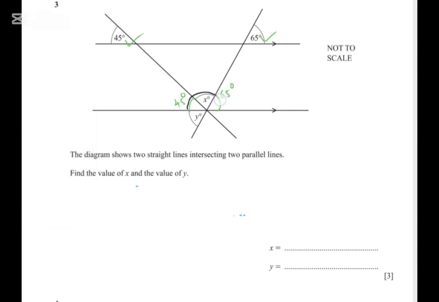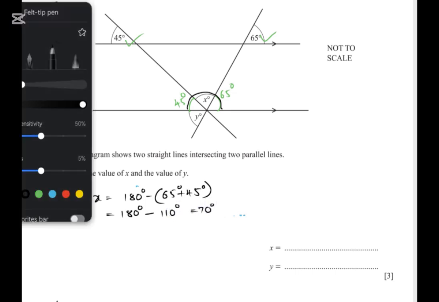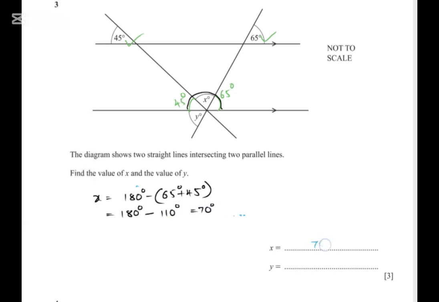These three angles make a straight angle. To find x: 180 minus (65 plus 45). 65 plus 45 is 110, so 180 minus 110 is 70. So x is 70.